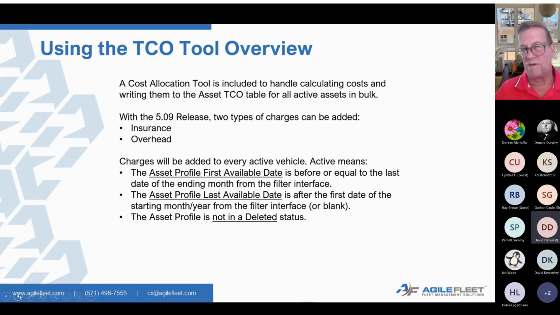So the asset profile first available date is before or equal to the last date of the ending month from the interface. The last available date is after the first date of the starting month and year of the interface. So we only deal with things that are active. We don't do anything with things that are deleted. So just recognize that and be cognizant of that. Okay.